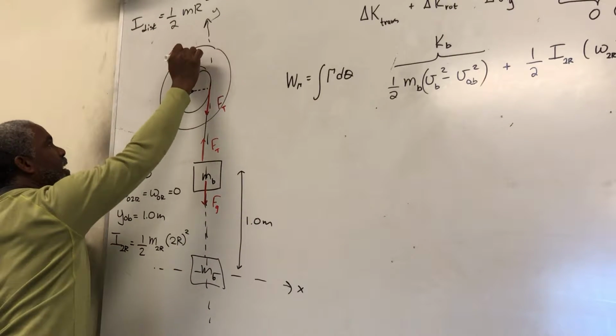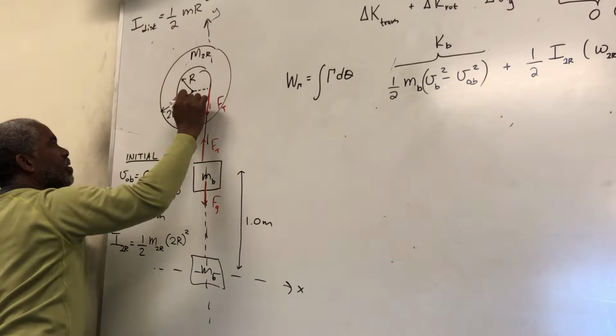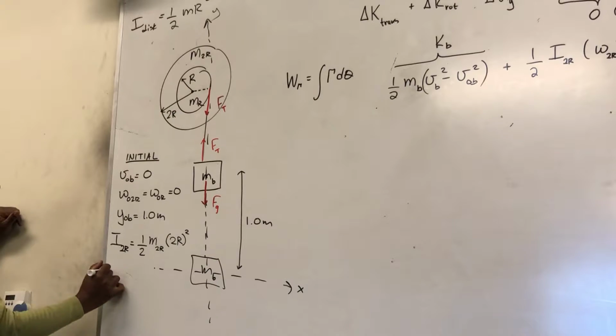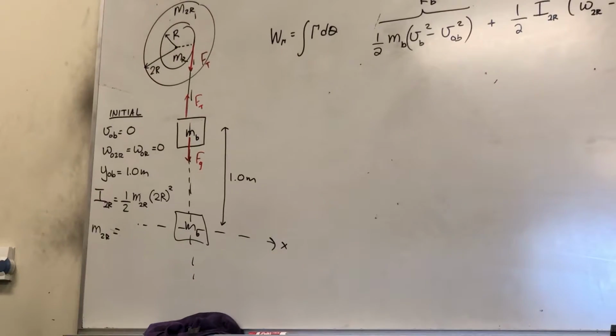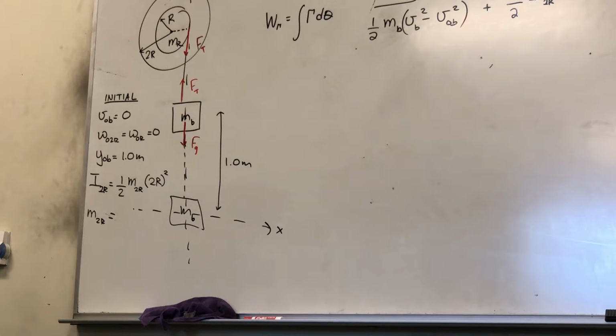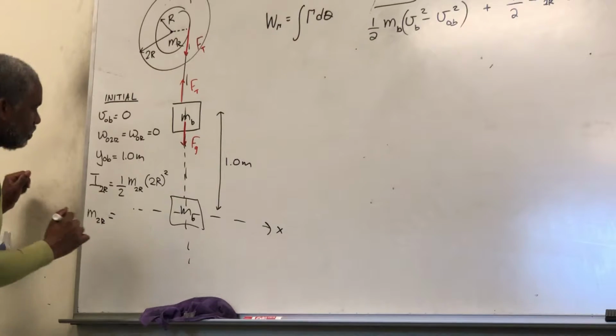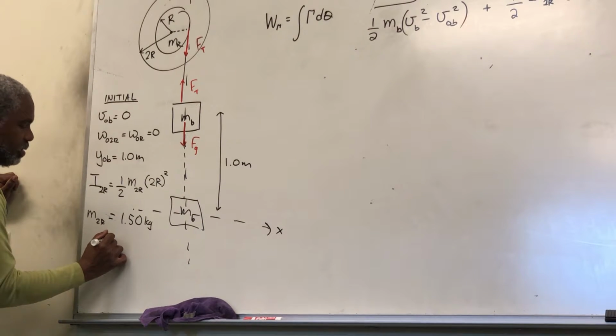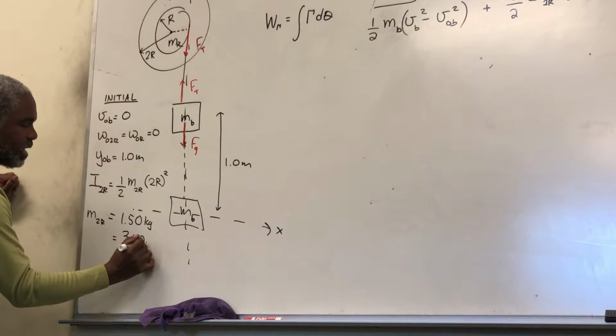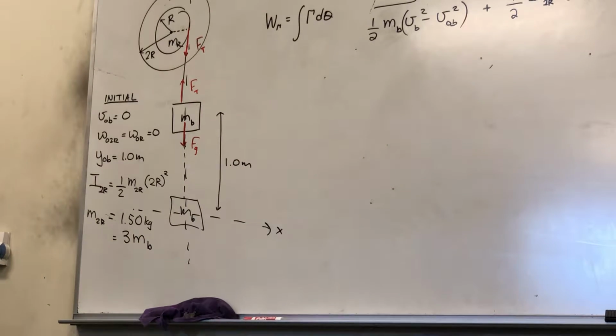I'll just call this mass 2r. I'll call this mass r. So mass 2r is 1.5 kilograms, which is 3 times the mass of the block, isn't it?